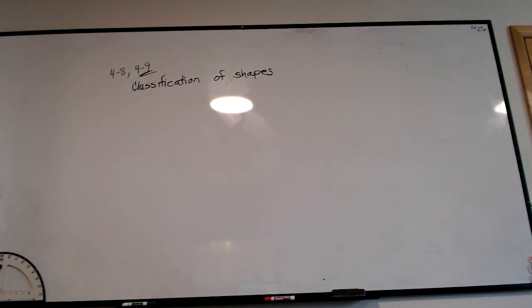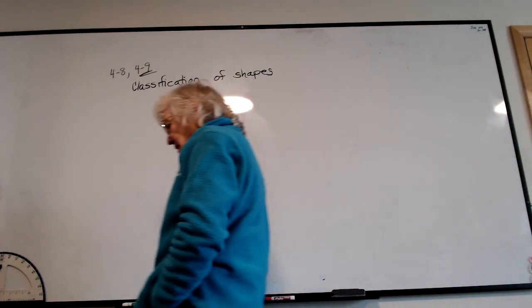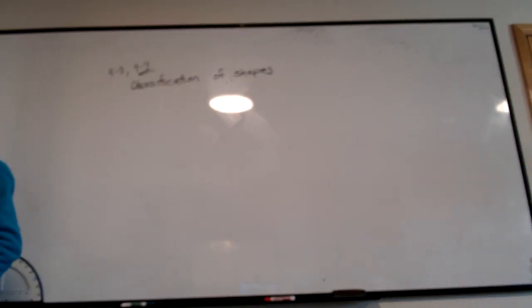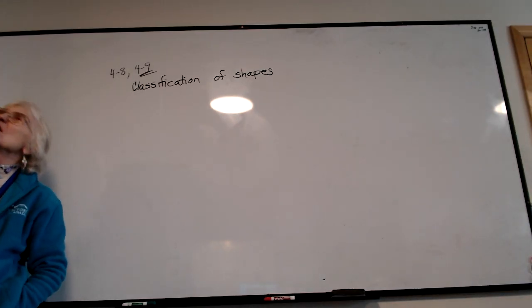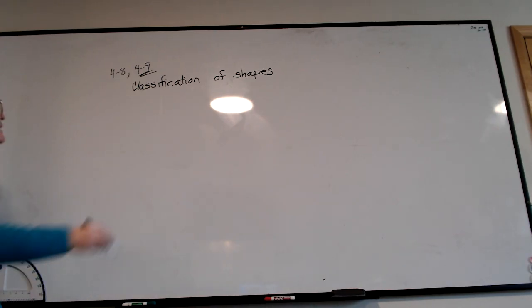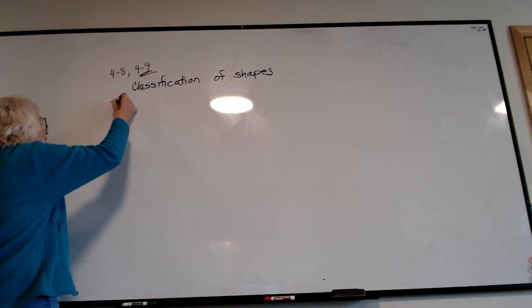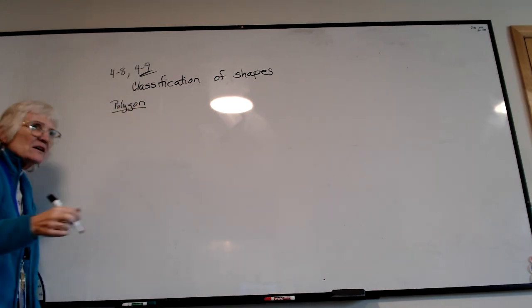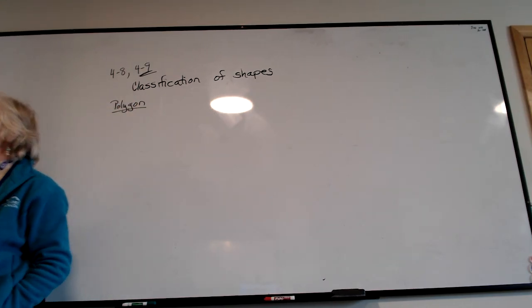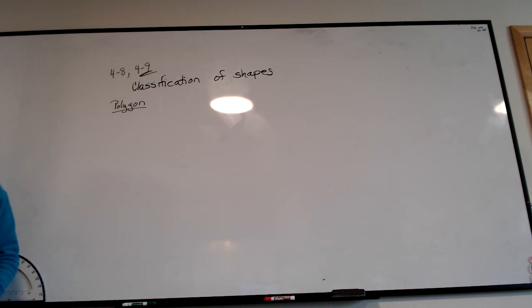Okay. So we can have, I'm going to start kind of, now I'm going to start broader. There are polygons. This might not all be on your sheet, but a polygon is a closed figure that has straight lines as edges.